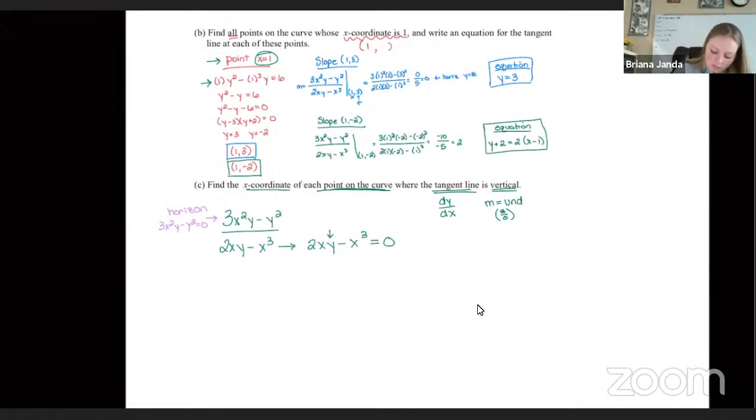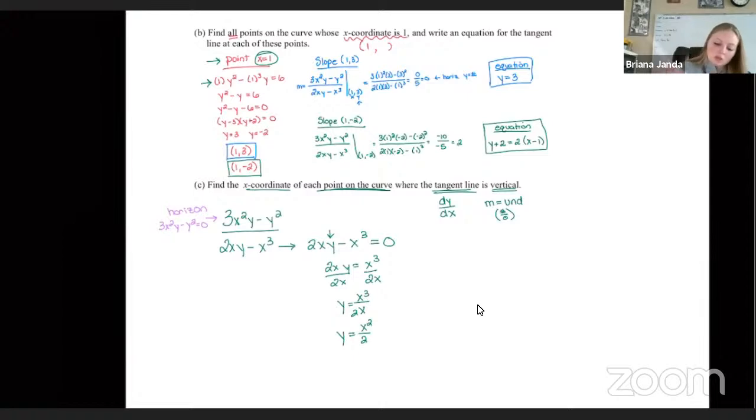And I only have one y value right here, so I would decide to solve for y on this. And my x's do simplify there. I can take an x out of the top and bottom, and we end up with x squared over 2.